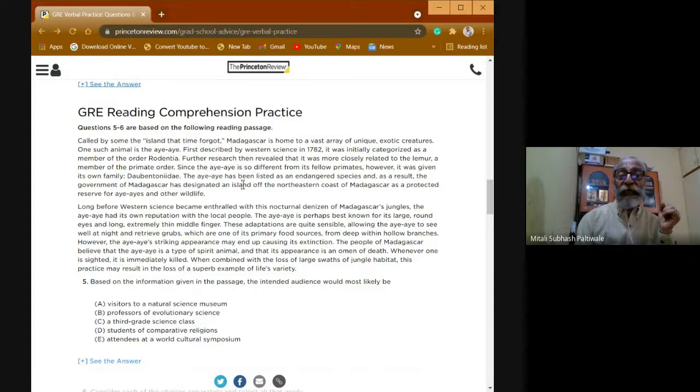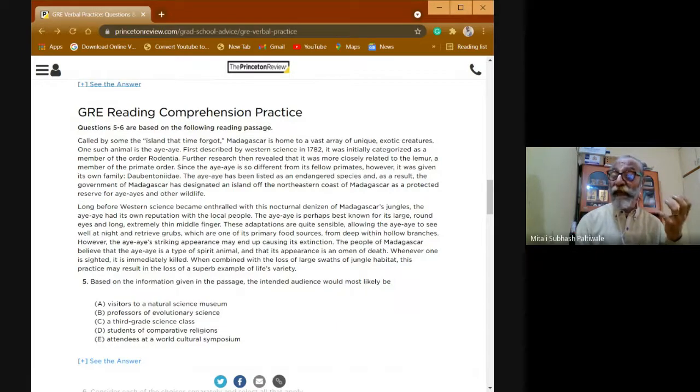The aye-aye has been listed as an endangered species. Endangered species means which was in danger, which could become extinct, which may no longer be alive or no longer be found.